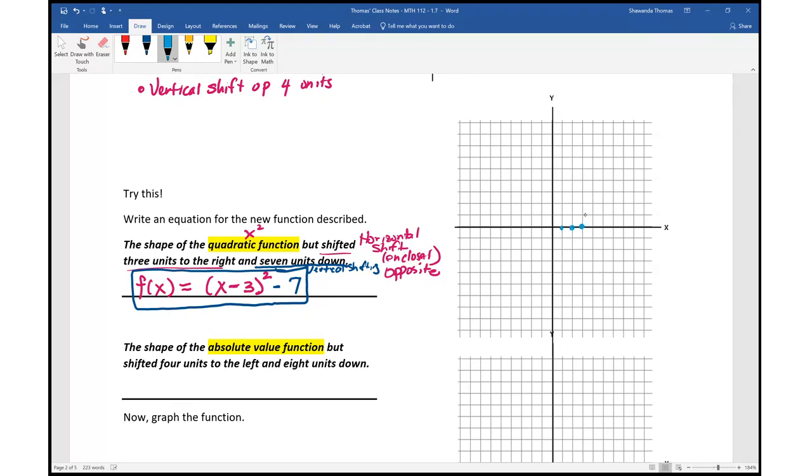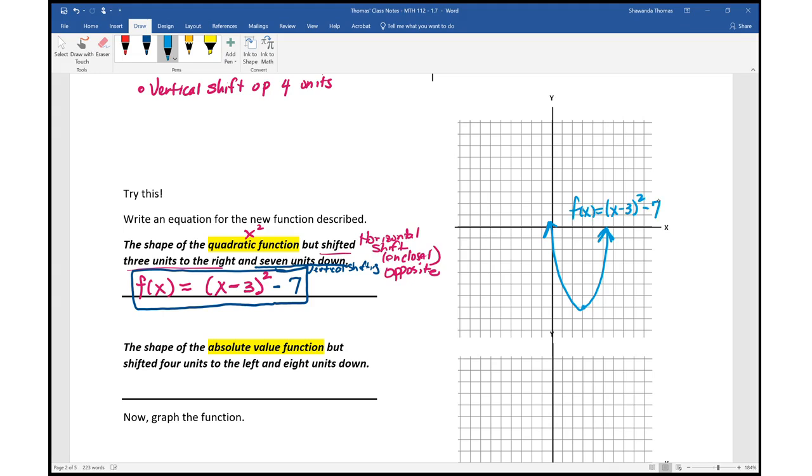Then 7 units down: 1, 2, 3, 4, 5, 6, 7. So we land there at the point 3, -7. That's the middle part of your parabola. I call it my anchor point. So that is f of x equals x minus 3 squared minus 7.